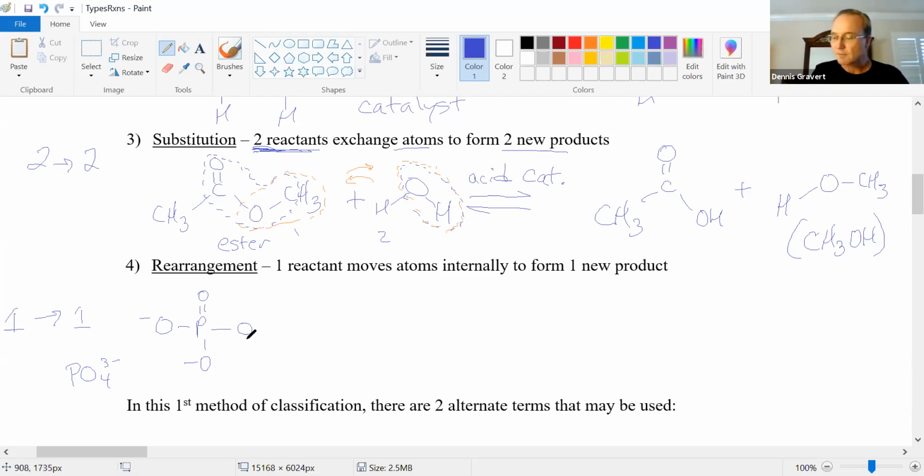Okay, but let's actually attach one of those oxygens to a carbon and make it into an organic molecule. So there's a lot of molecules in our body. DNA, for example, has phosphate groups. Okay, so we're going to start with this molecule.